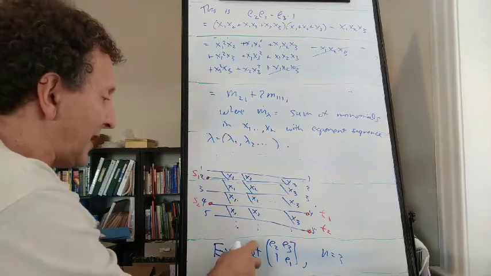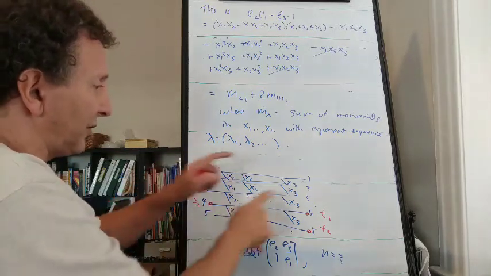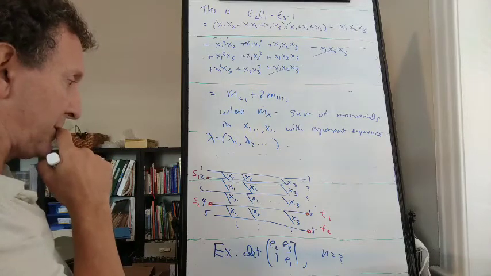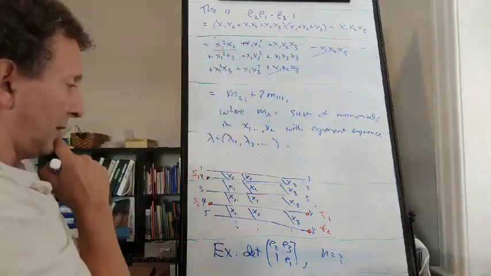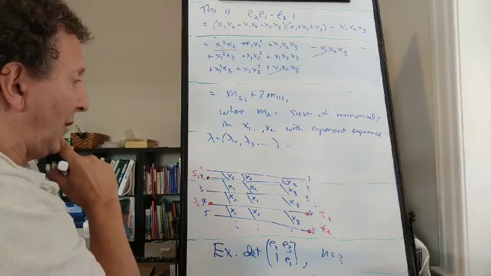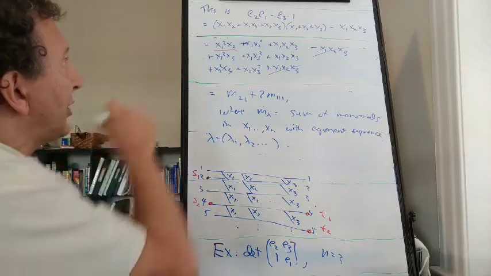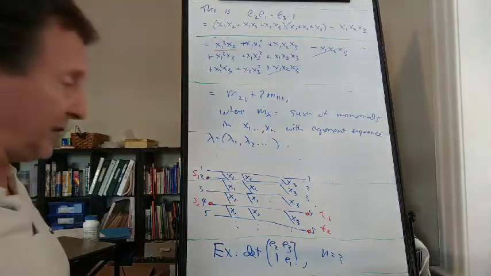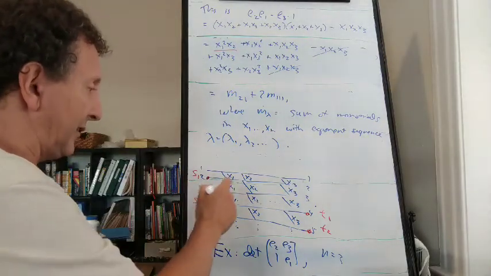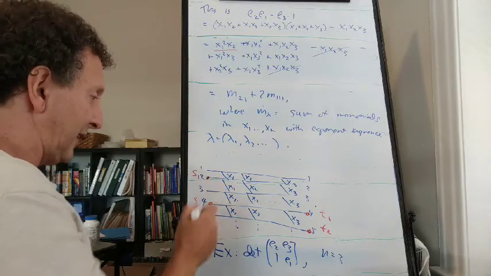Alright, so if we want a non-intersecting path from these sources to those sinks, let's see if we can get the one that has this weight. So we have x1 squared, and no path can take an x1 edge twice because of the way they're slanted, so that you finish one too late to take the next.